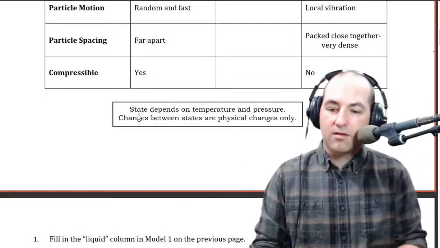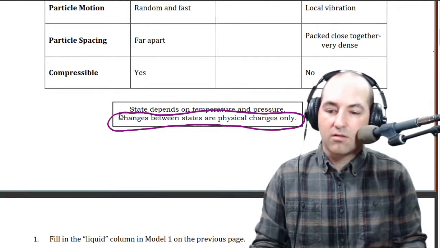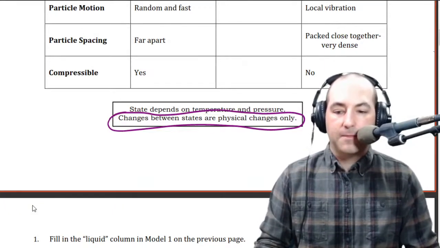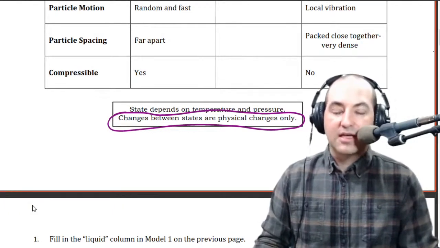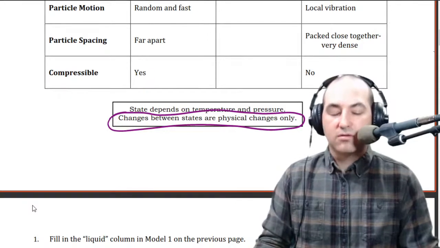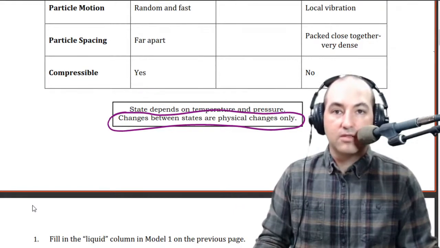One thing that we should note, and we'll define this a little bit later, changes between states are physical changes only. So that means that the substance itself, what it chemically is, which again we'll define in a little bit, doesn't change when we go from solid to liquid to gas.